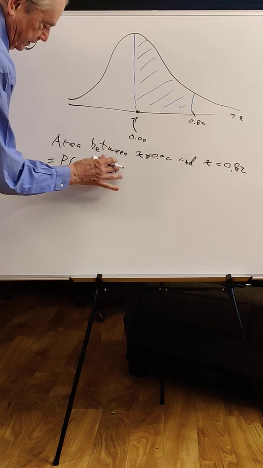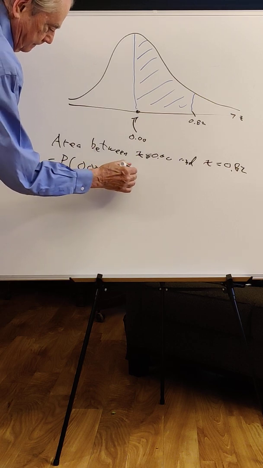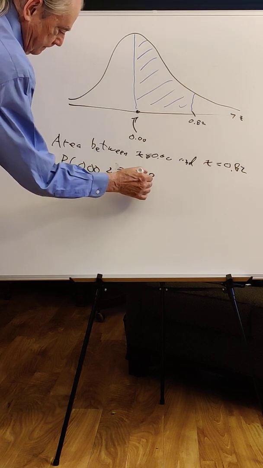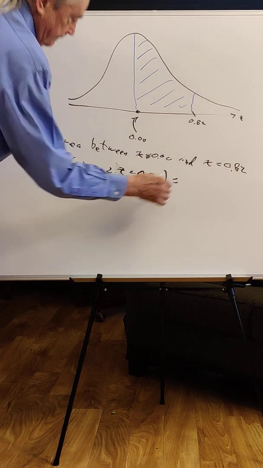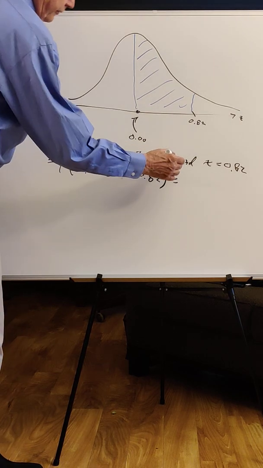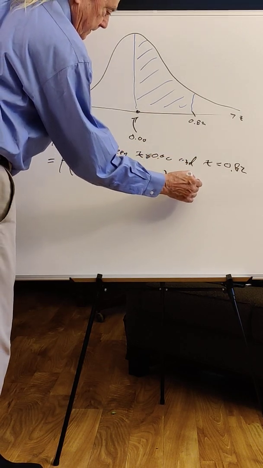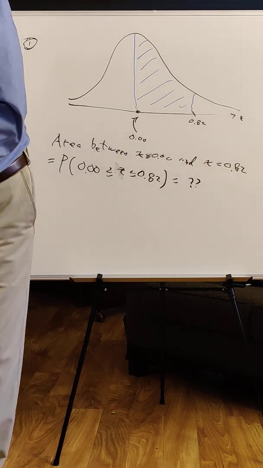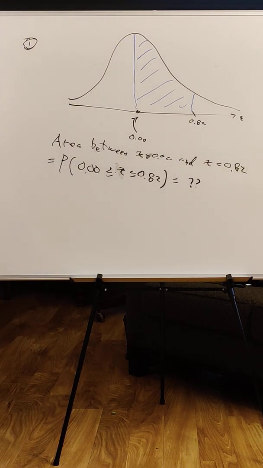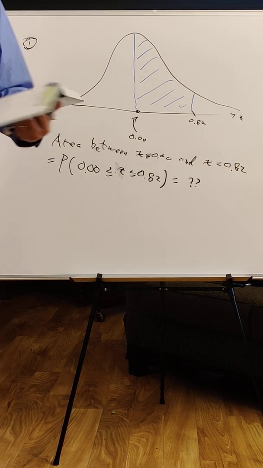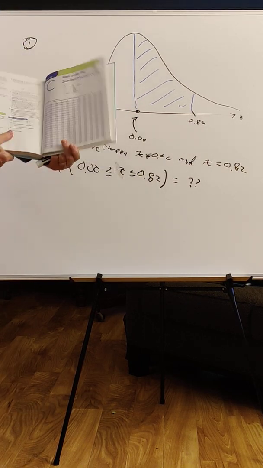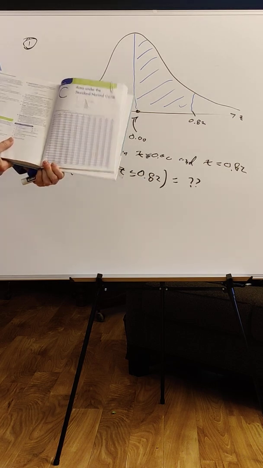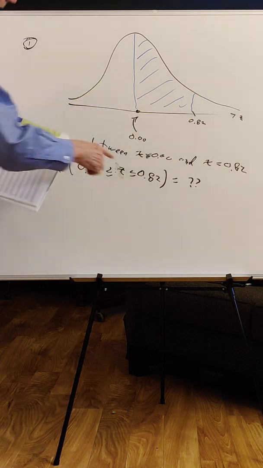This is the letter Z here. So how do we find that? It's the simplest thing in the world to find that area. We take our standard normal distribution area table.